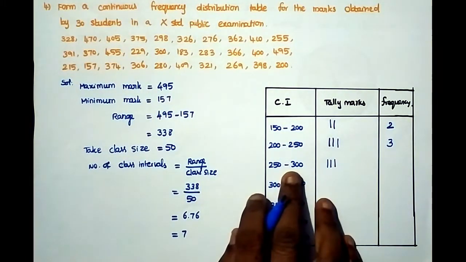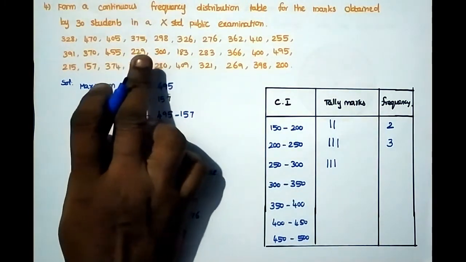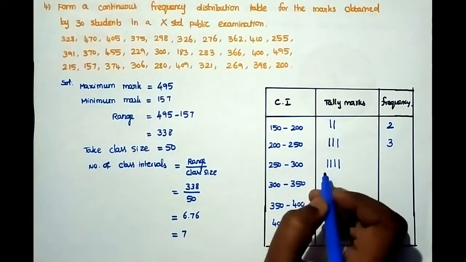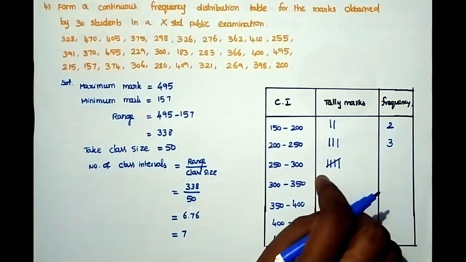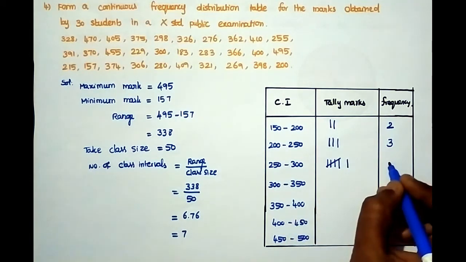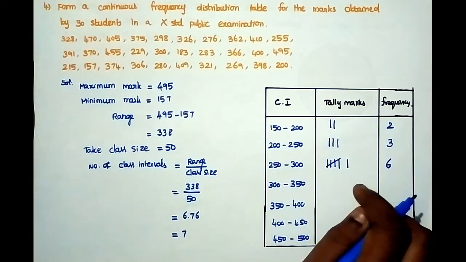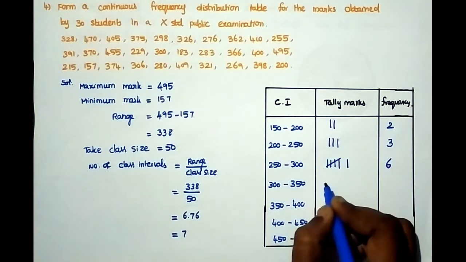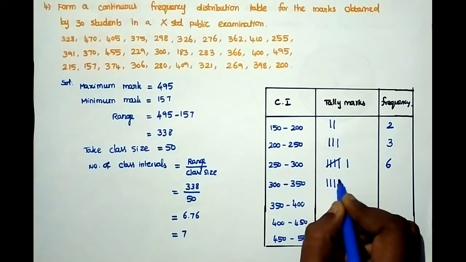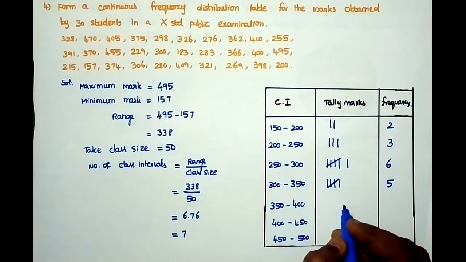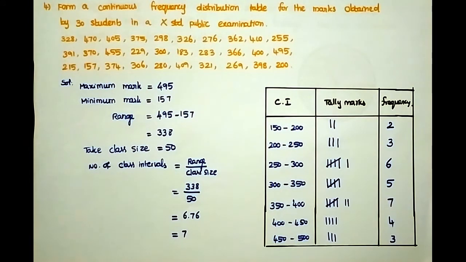Now 250 to 300, 6 members are there. Listen, put 4 standing lines, and for 5 we have to cross that, and then 1, 6, so 6. Next 300 to 350 means 5 members. Now I put all the tally marks and the frequency.